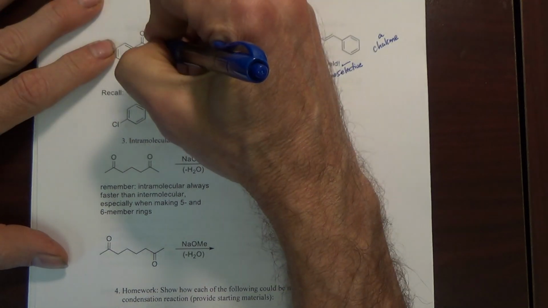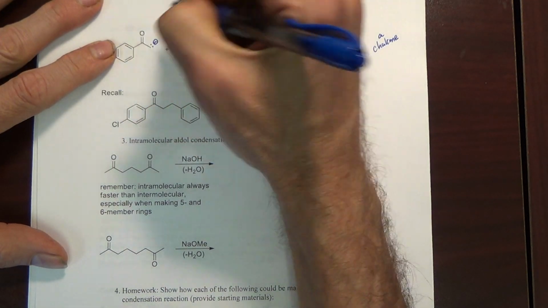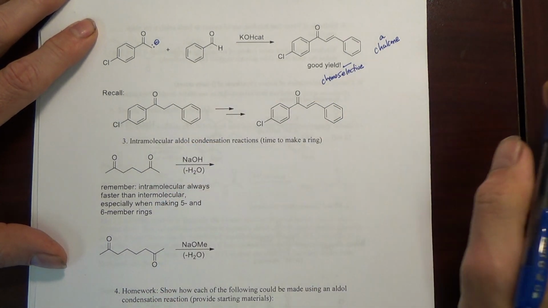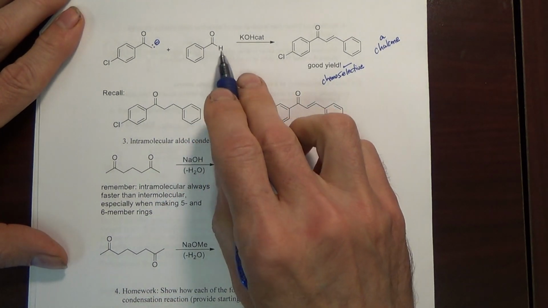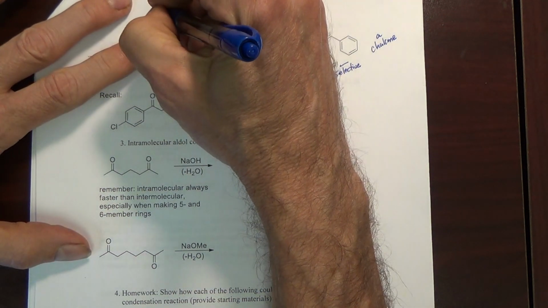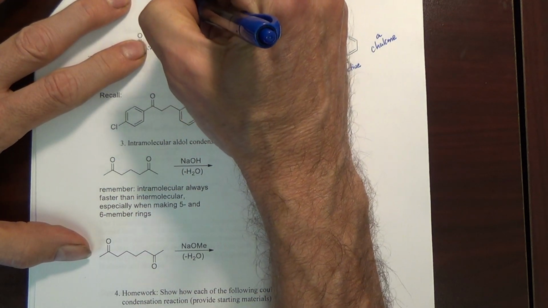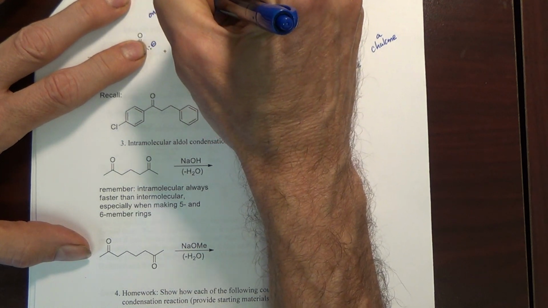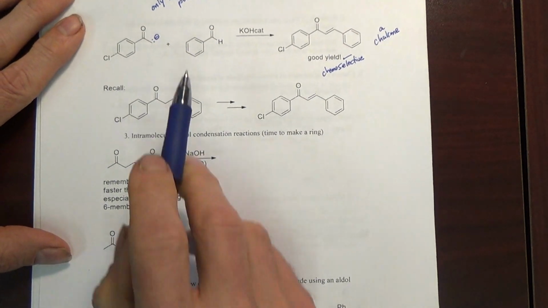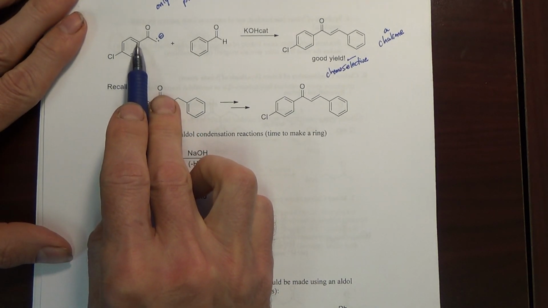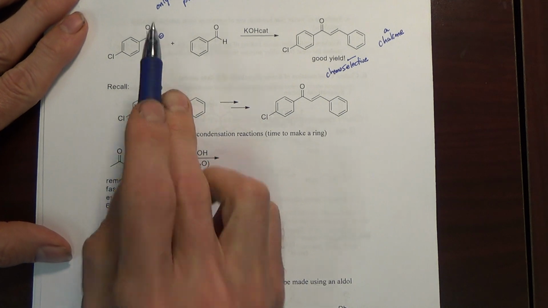Well, the only place to make enolate is here, because this aldehyde does not have any alpha CHs. And an aldehyde H is not acidic. So only one enolate possible. By the way, only one side of this molecule, because the other side there is no CHs. So that's the only place you can make enolate.